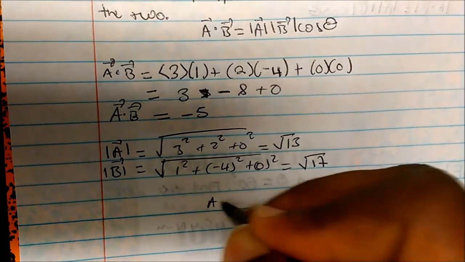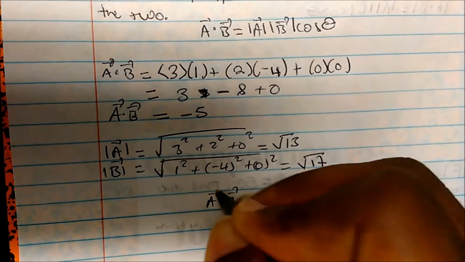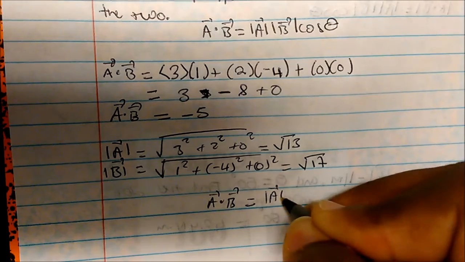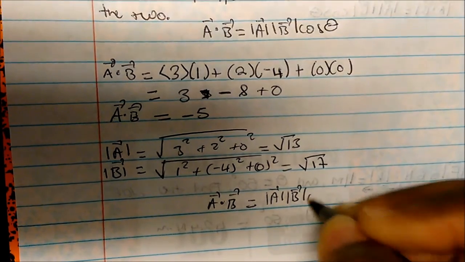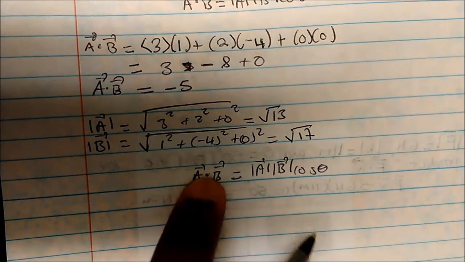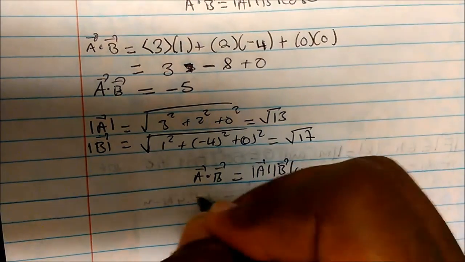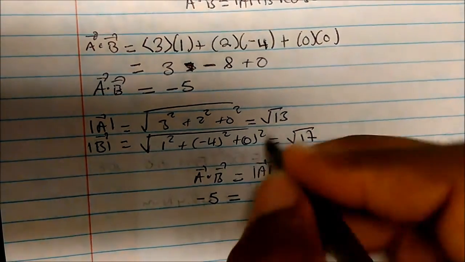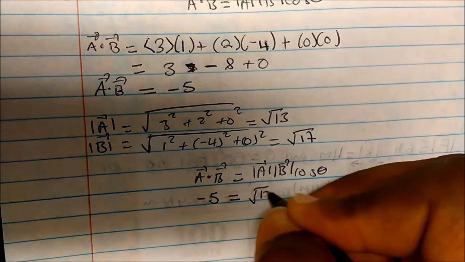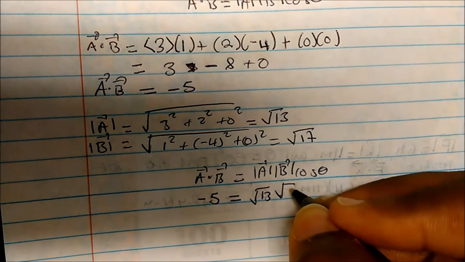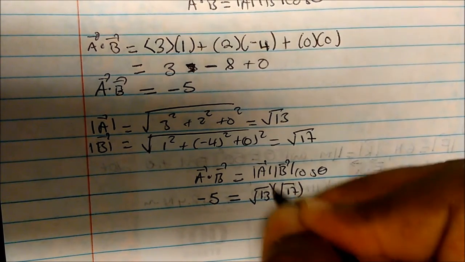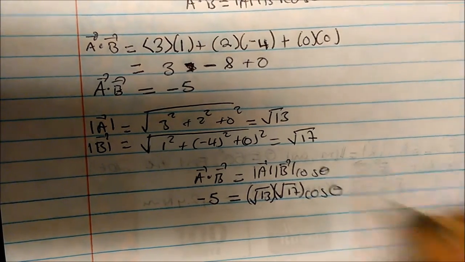So now we can just plug into our formula. The magnitude of A dotted into B is equal to the magnitude of A times the magnitude of B cosine of the angle between them. We know A dotted into B is negative 5, the magnitude of A is square root of 13, the magnitude of B is square root of 17, and we have cosine of the angle.